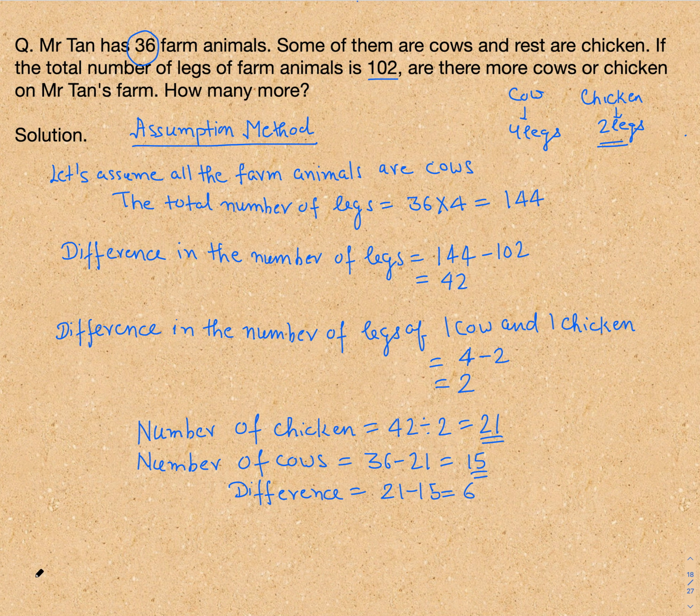So we can write our answer in one go: there are 6 more chicken than cows. So that's your answer. I hope you like the method.